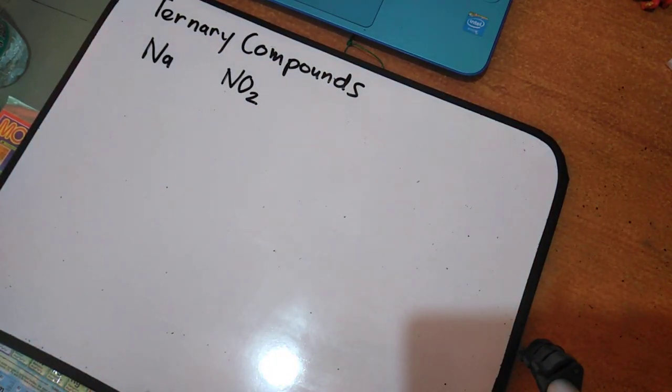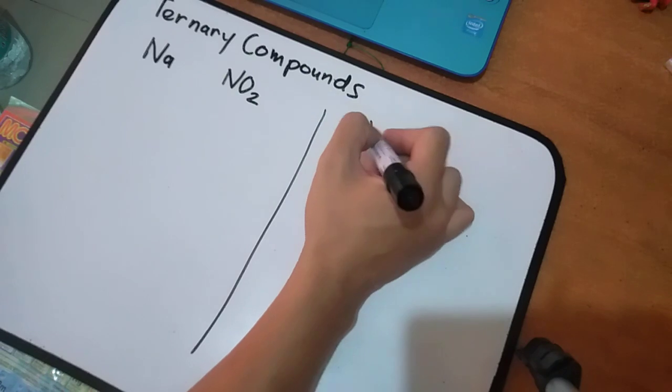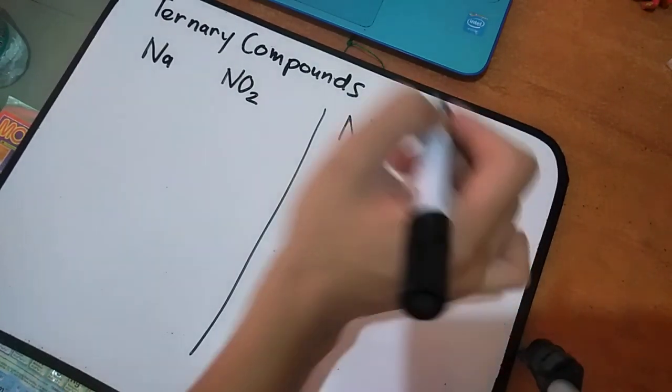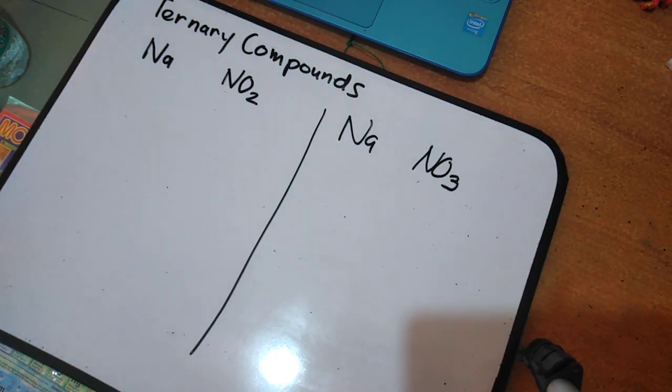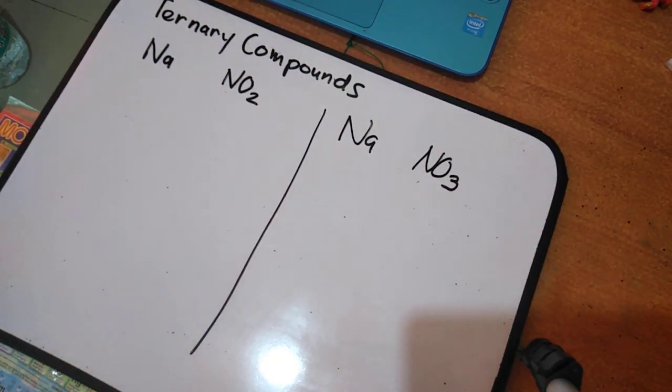Okay. And on the other side, let's have Na and NO3. So at least we could see the difference in the type of naming. So first thing you need to do is to know the charge.